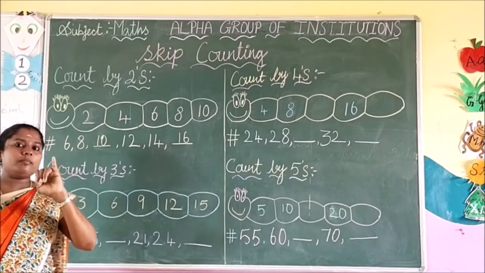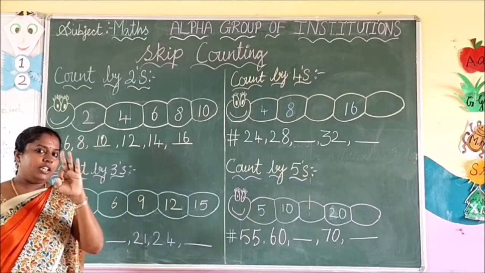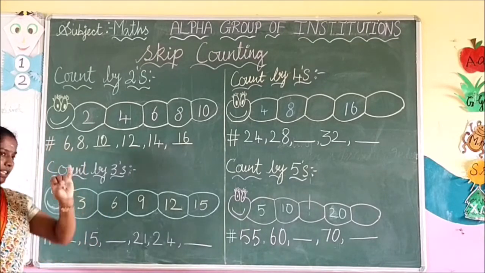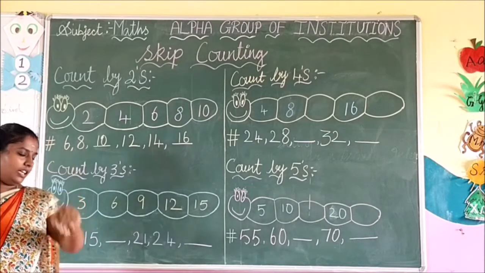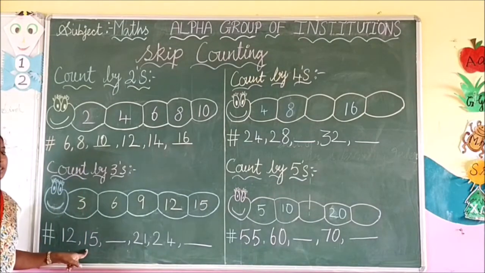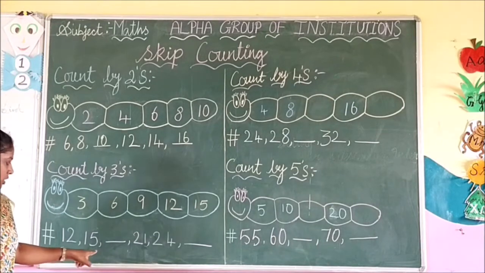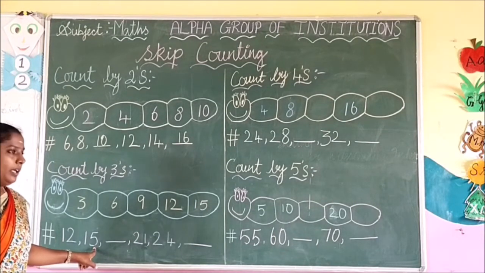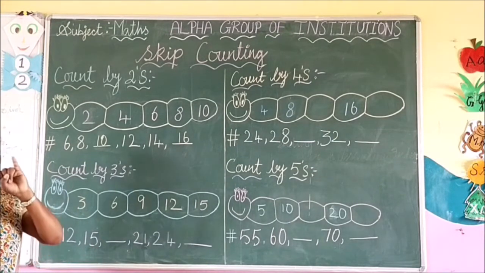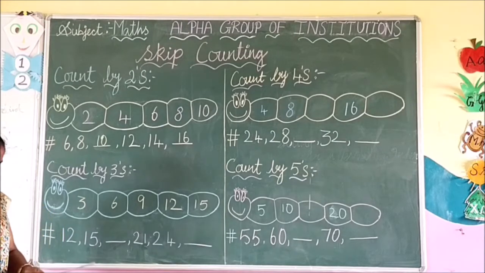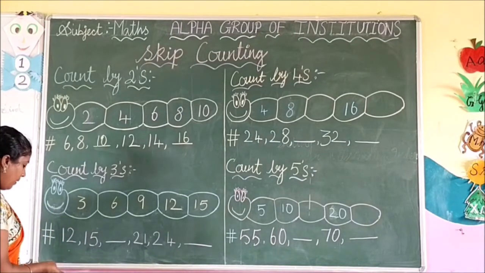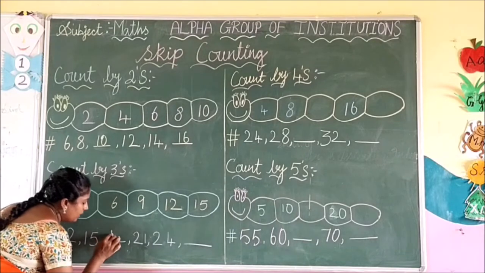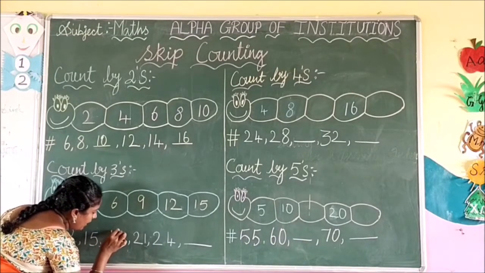So after 15, 16, 17, 18. From these two numbers, we find the skip count by 3. Here also we are skipping 3 numbers from 15: 16, 17, 18. So here it is 18.